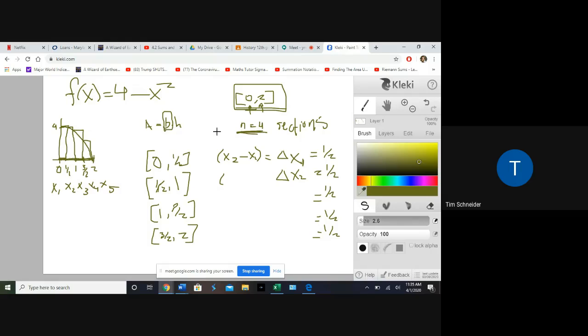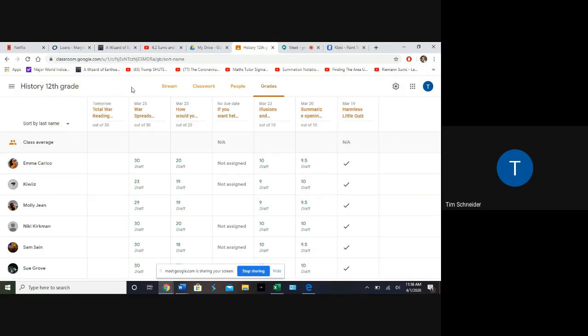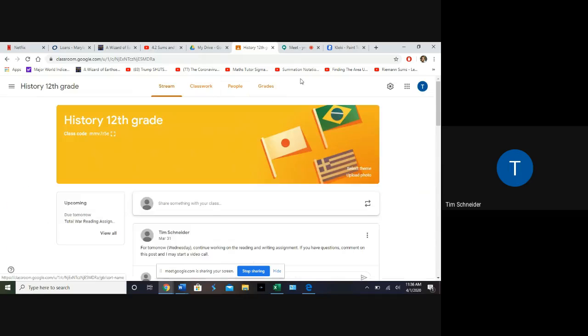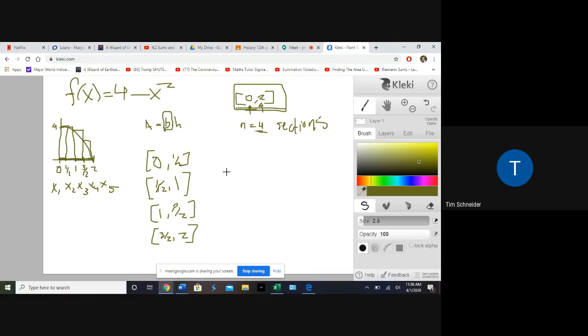So we at least have the base of our triangles. So let's give ourselves some space here. All right, the base of our triangles is just 1/2 each time.